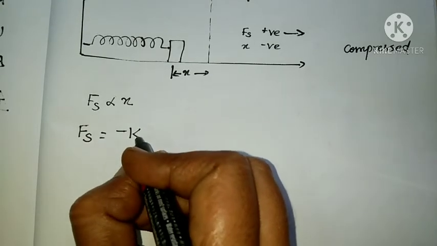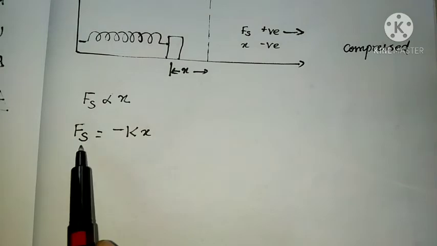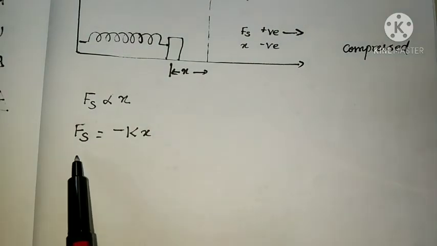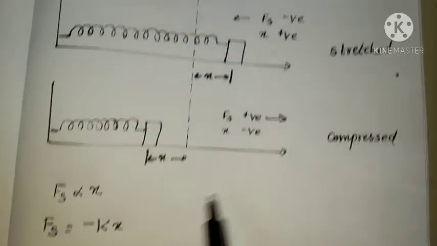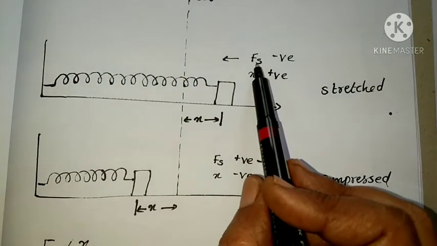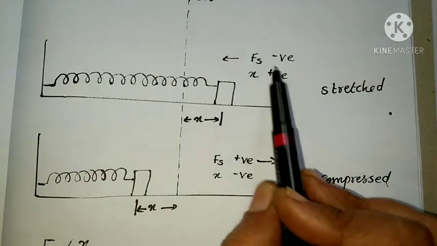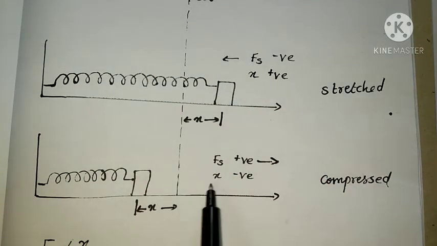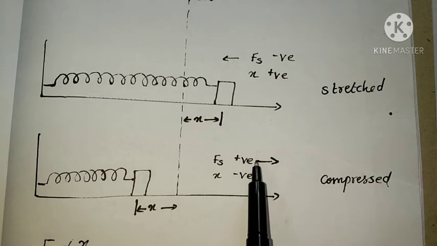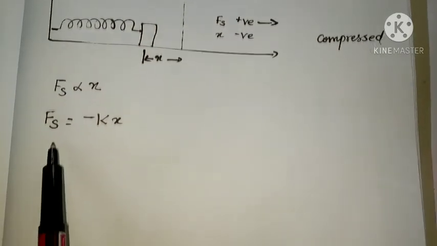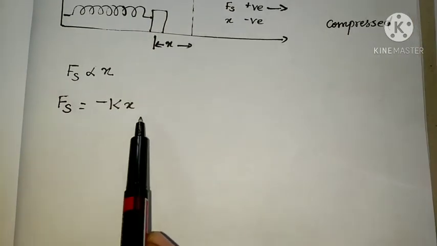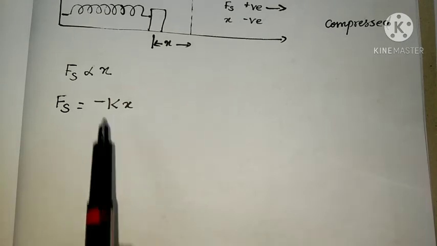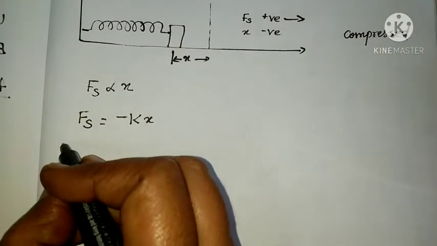This minus sign represents that when Fs is in the positive direction, x is in the negative direction, and vice versa. Listen here: x is positive, Fs is negative. Here x is negative, Fs is positive. So we can write Fs equal to minus Kx. This K is the proportionality constant called the spring constant.